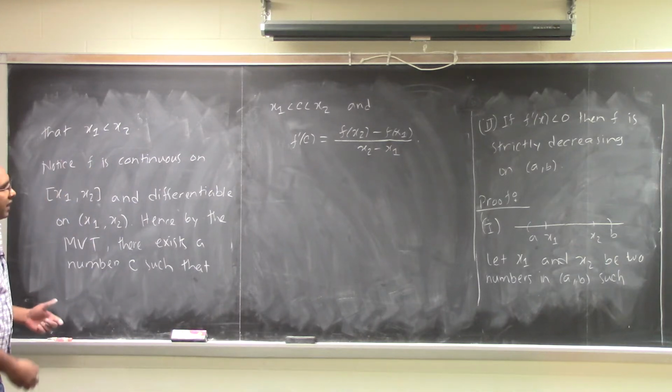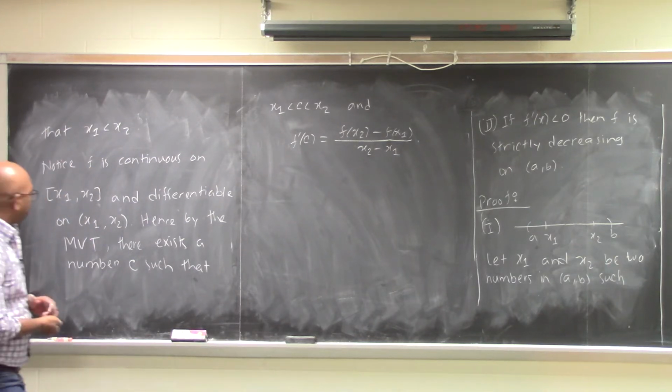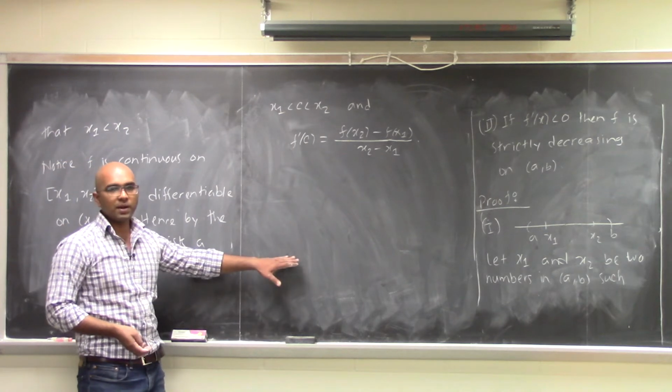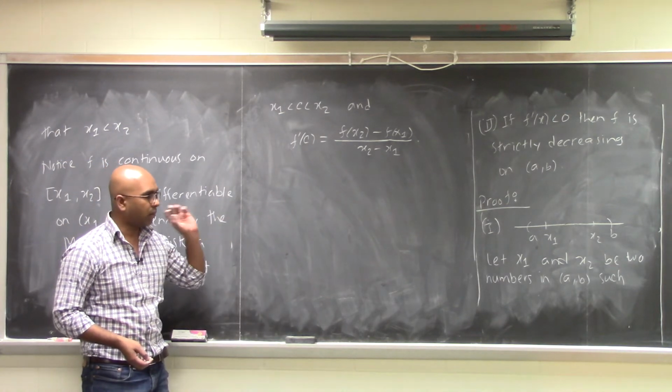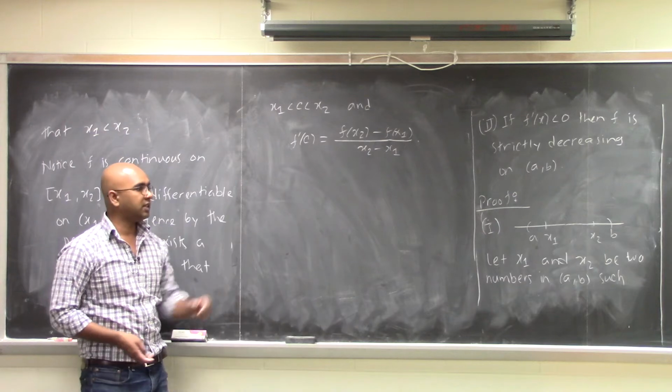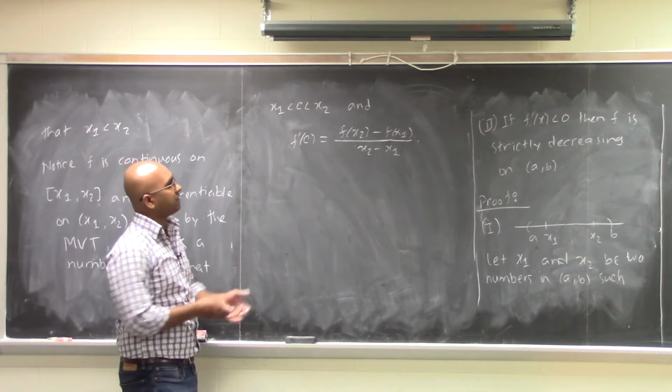But notice f prime of x is always positive, right? Here's the hypothesis: f prime of x is always positive no matter what x you pick from that interval. And therefore f prime of c is positive.